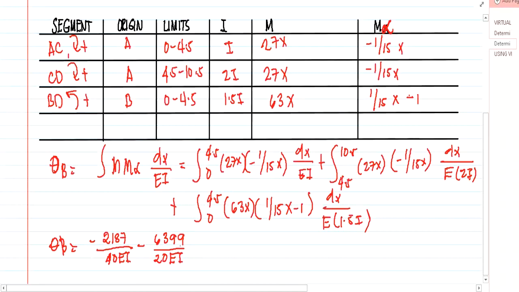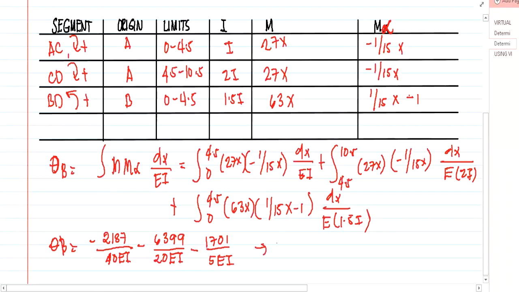Okay, kindly check. Minus yung third term natin, ito, this is equal to 1701 over 5 EI. Okay? So, wag niyong kalimutang i-divide yung value ng I natin over 2 over 1.5. Okay?